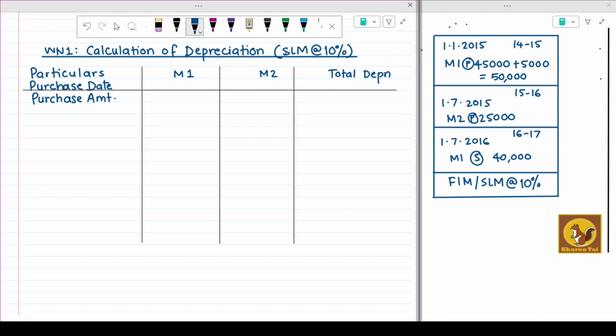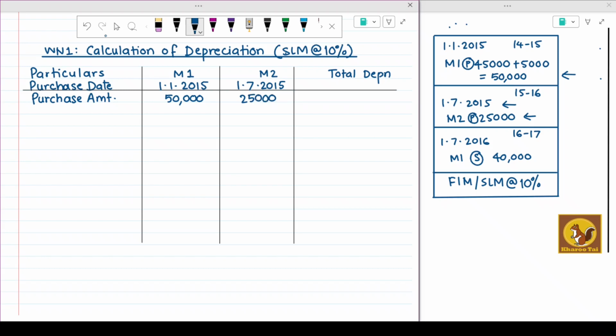On 1st January 2015, first machinery was purchased, 1/1/2015 for 50,000. And in second year on 1st July 2015 for 25,000.